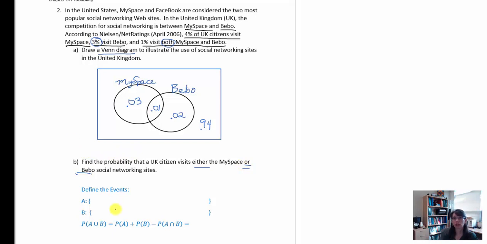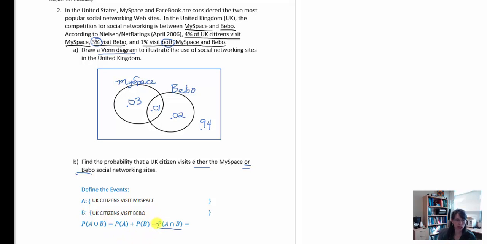So one event is UK citizens visit MySpace, and the other event would be UK citizens visit Bebo.